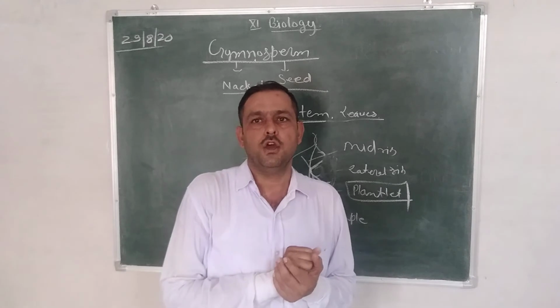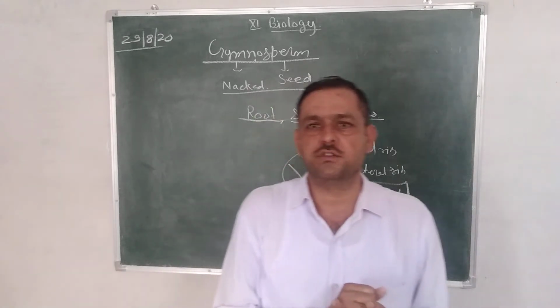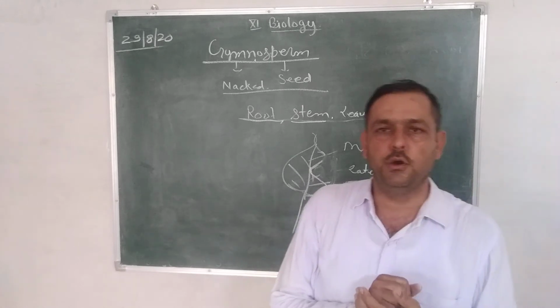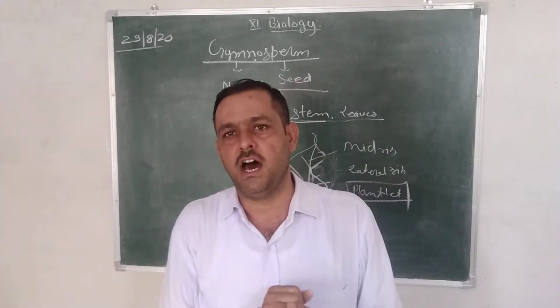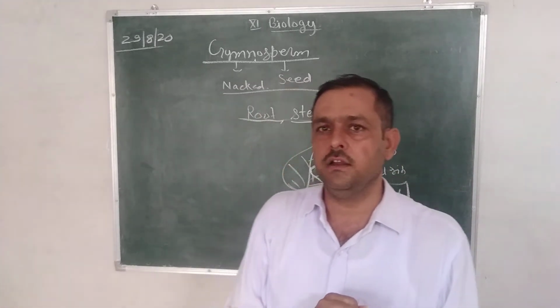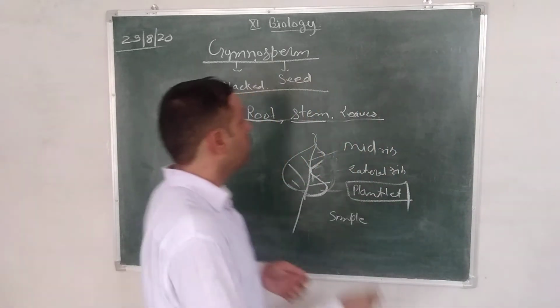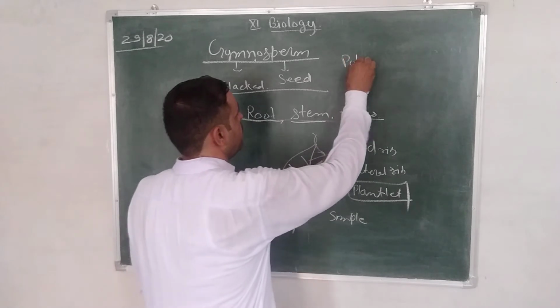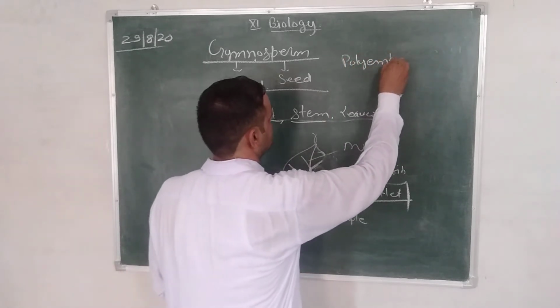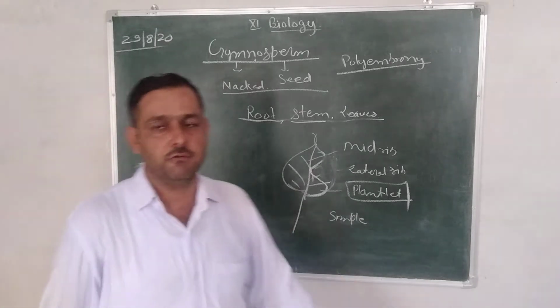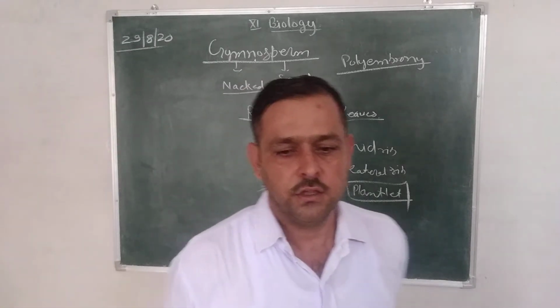So we can say oogamous type of sexual reproduction is found in gymnosperm, and after pollination the pollen tube is formed. The main character of gymnosperm is polyembryony, which means more than one embryo is formed in gymnosperm.